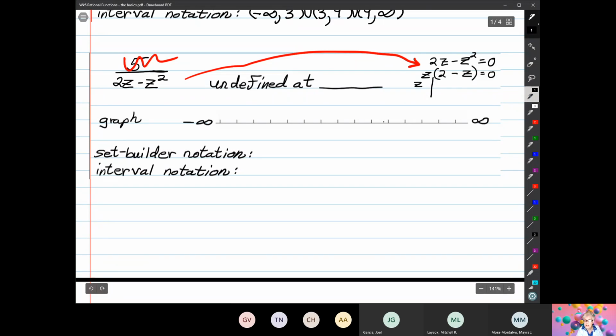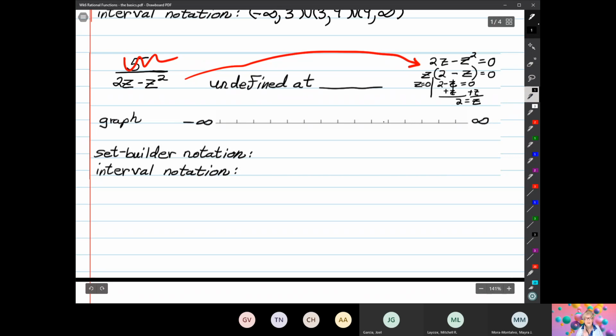So I'll have z equals 0 and 2 minus z equals 0. So I'll add z to both sides because I can, because it's an equation. So I'll have 2 equals z.